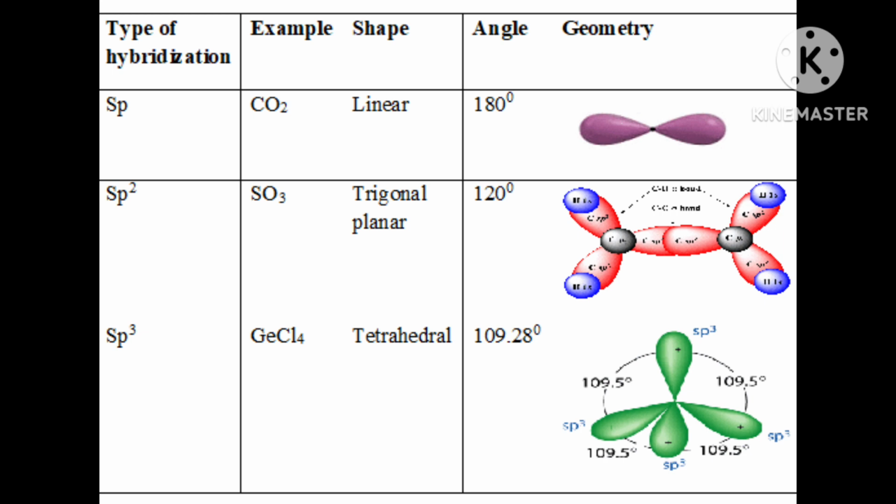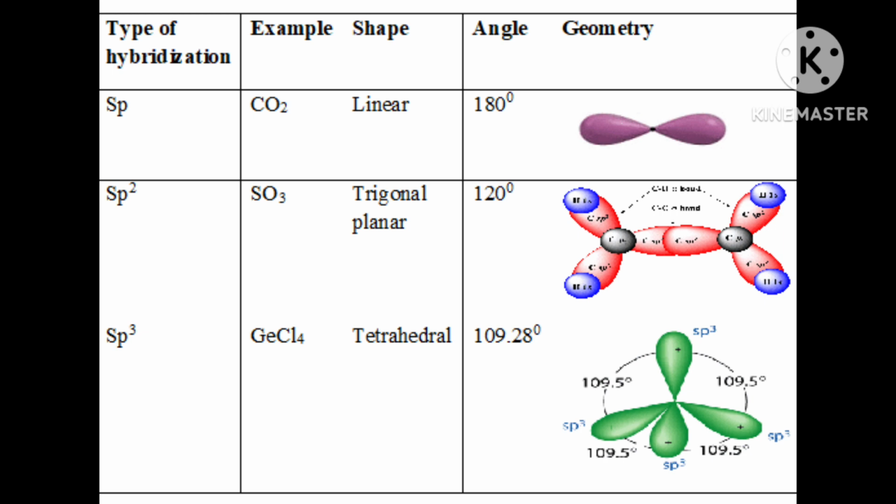It is very easy. The CN is a triple bond, and the CH double bond is there, and CH3 is also there. It means sp3 hybridization is there, sp2 is there, and sp is also there. All three types of hybridization are there.